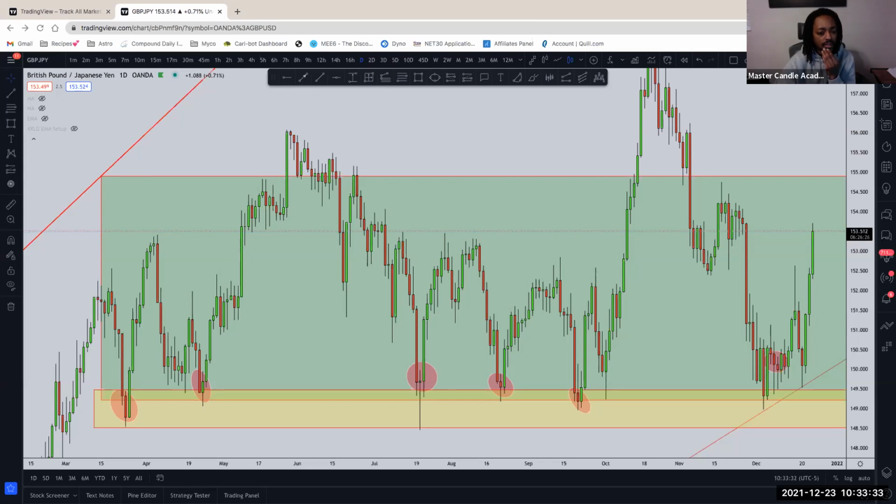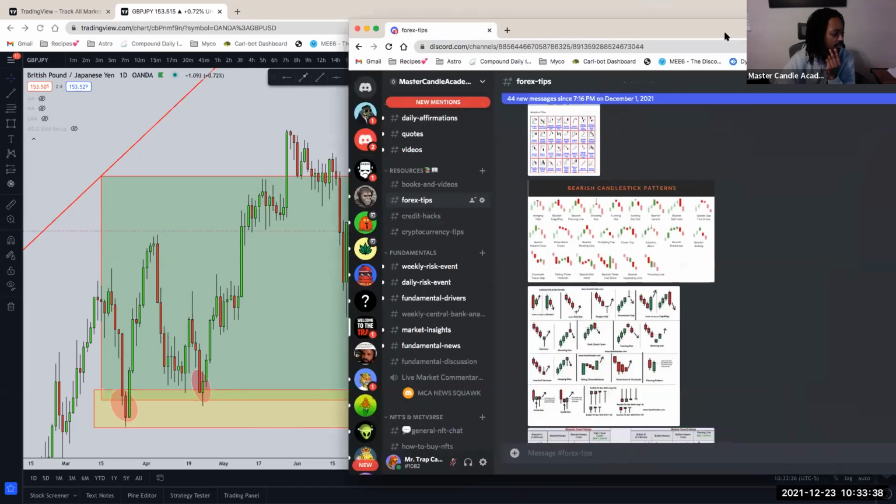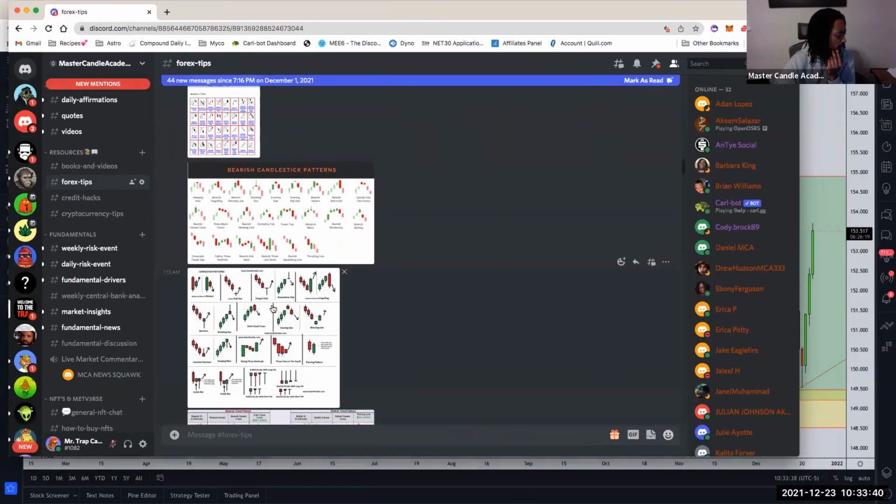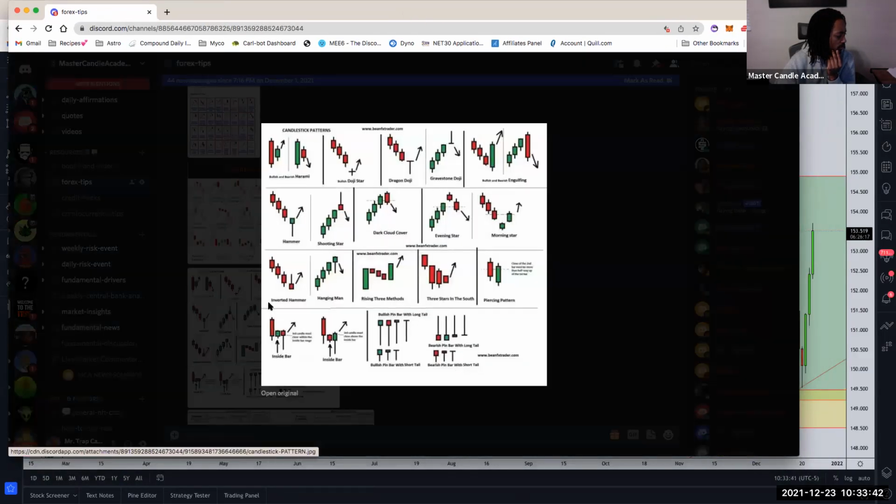All right, we've got bearish candlestick patterns. We've got bullish candlestick patterns. All right, so here's the hammer. What it's showing, right?